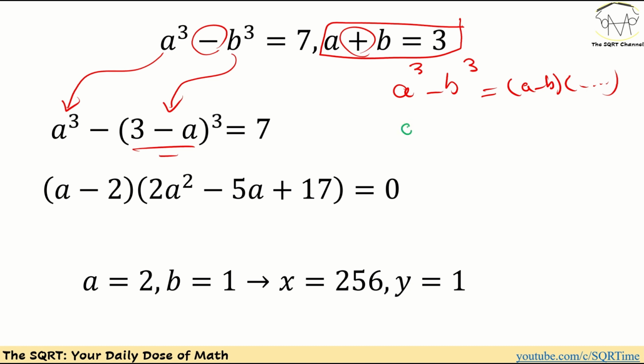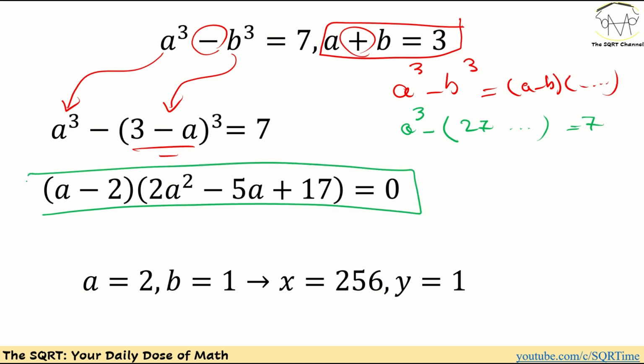We are going to write it as a cube minus the first term to the power of 3, which is going to be 27, and then we are going to have 3 times the first term to the power of 2 times the second term, and so on and so forth. If you do this approach and then simplify things a little bit further, you can simply see that we can simplify the whole equation and write it as what you have here.